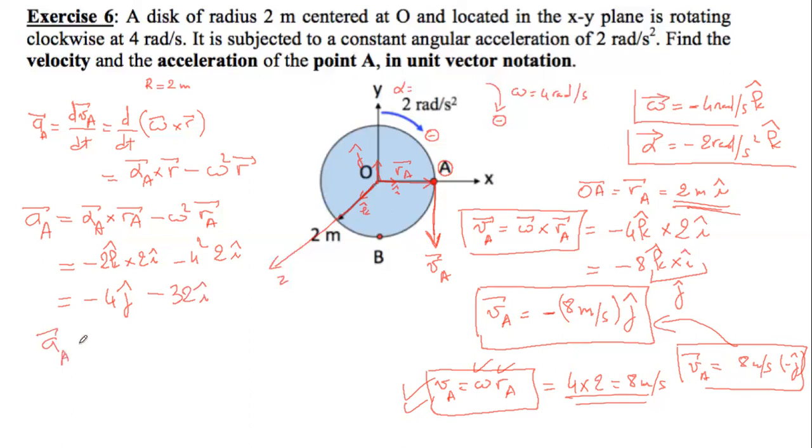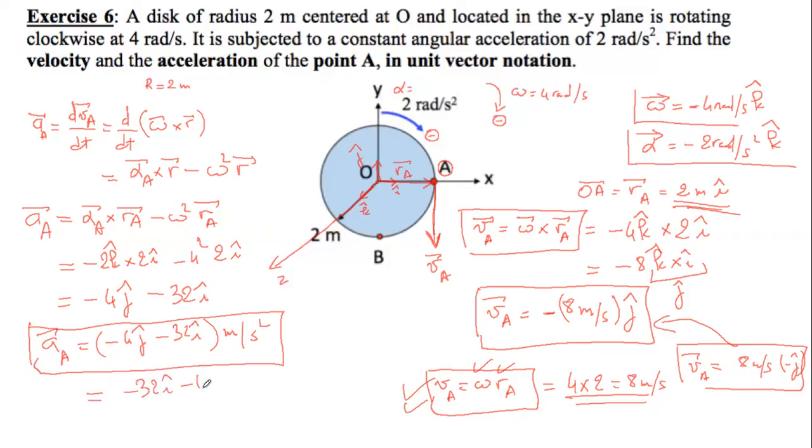So AA is minus 4 j hat minus 32 i hat meters per second squared. You can write it this way if you want: minus 32 i hat minus 4 j hat meters per second squared. Is it clear?